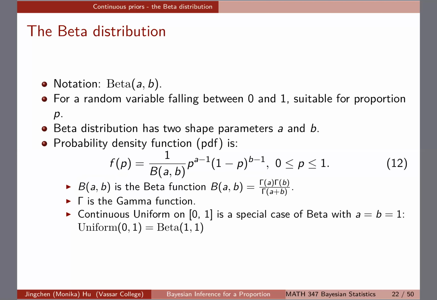This is good to know. That's why later we're going to mostly work with the beta distribution. We're going to see some good properties of the beta distribution for the binomial likelihood. And whenever we work with uniform, it's better to work with beta(1, 1). They're equivalent. The beta distribution is much more favored when we're dealing with Bayesian inference for a proportion.